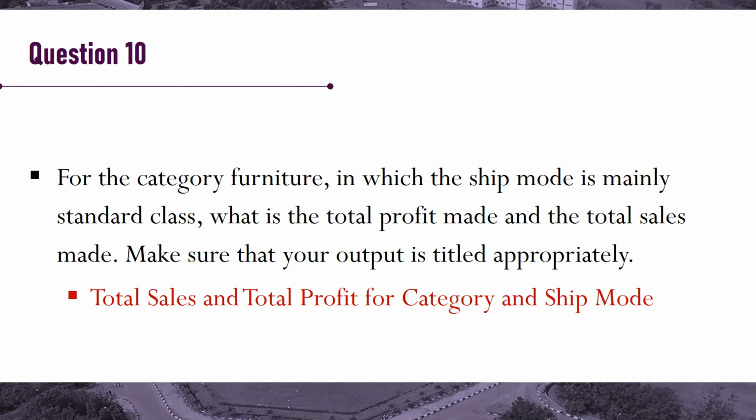So you are going to hold furniture, that category, and you're going to find out the one that is ship mode in that category. Ma, how are we going to specify standard class in that category? How are we going to specify furniture? And total sales. Questions always come in a lump way, not always straightforward.